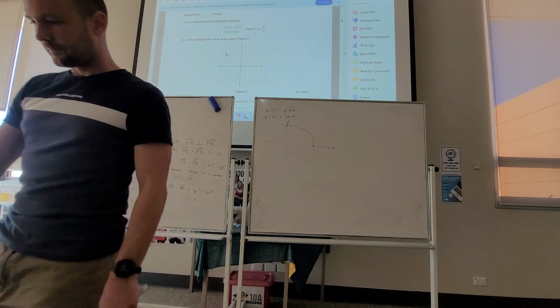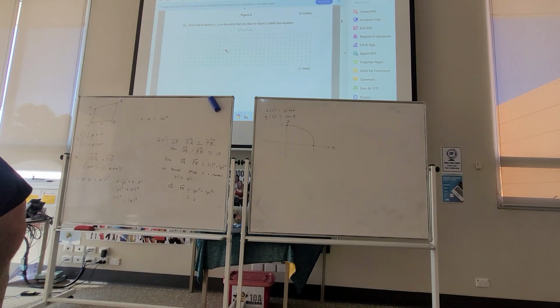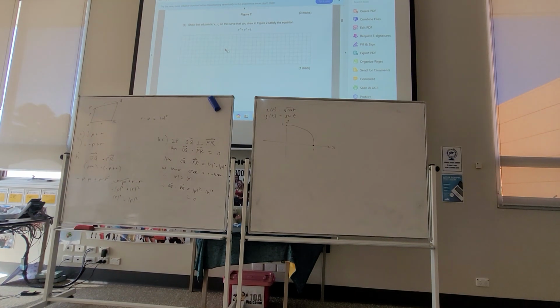Okay, part B. Show that the points x and y on the curve satisfy the equation x to the 4 plus y squared equals 1.